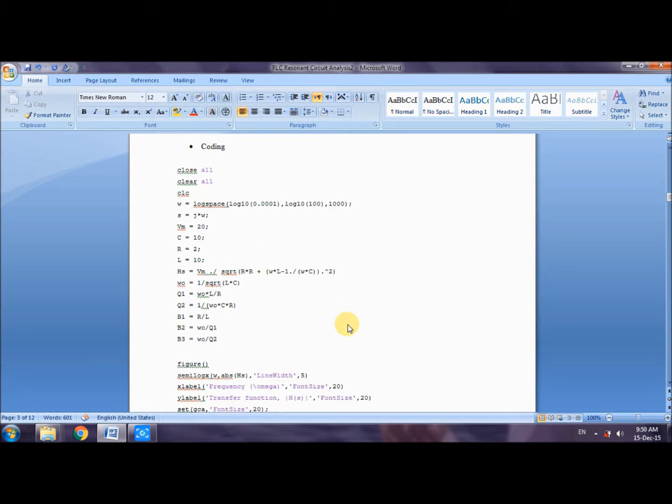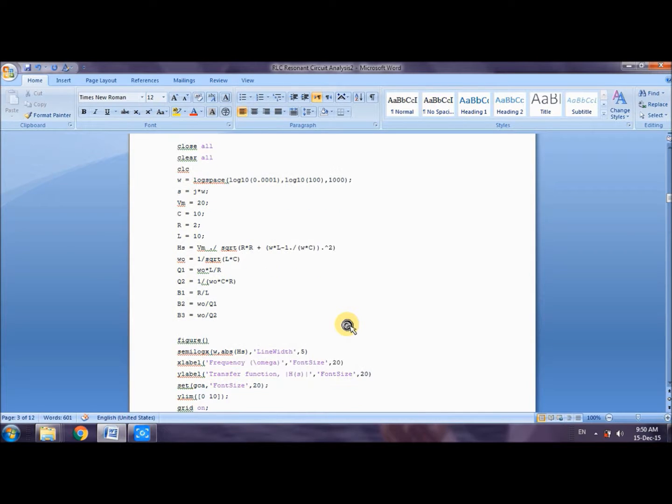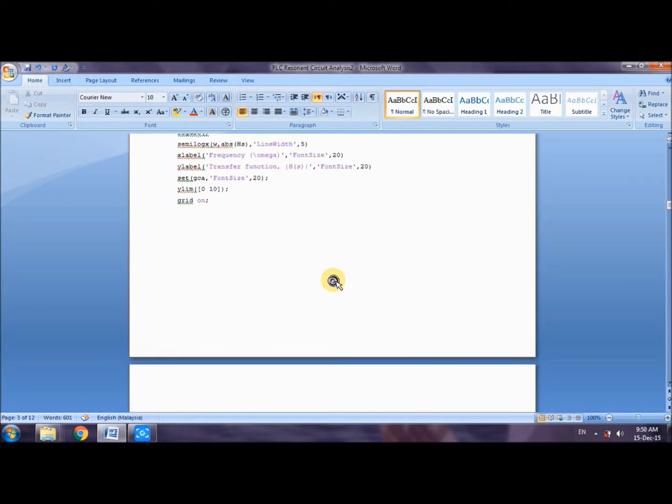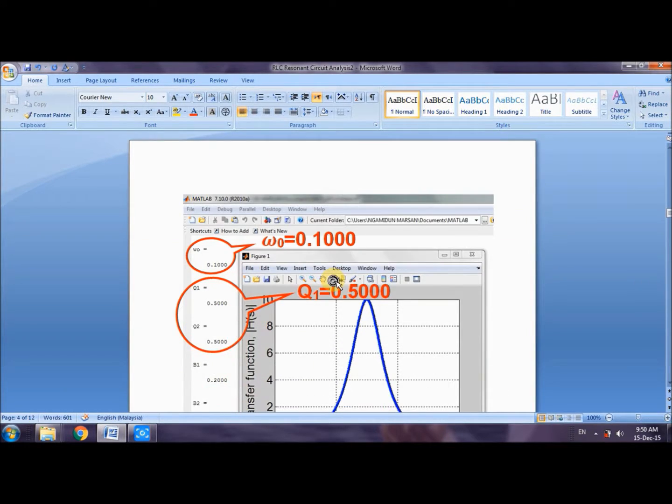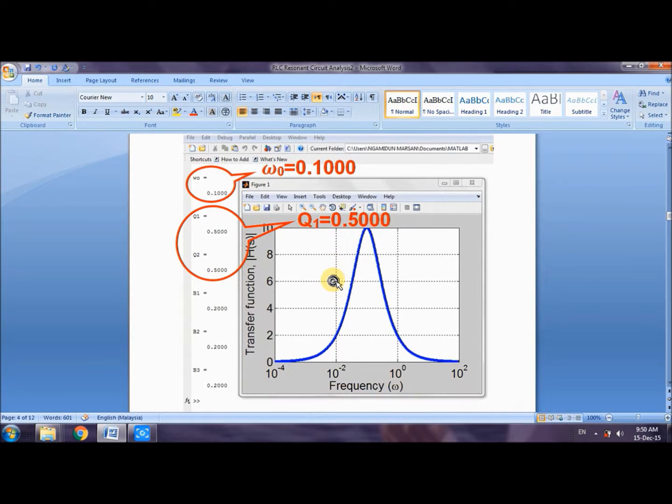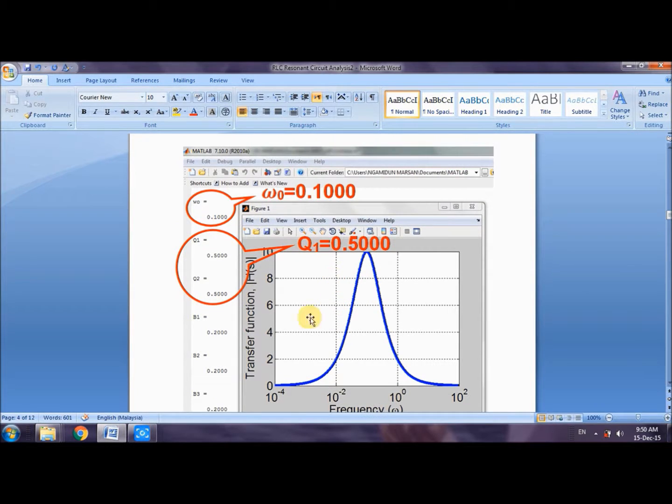This is the coding that we have conducted using MATLAB. As you can see here, we have already set the value of Vm to 20, the capacitor to 10, the resistor to 2 ohm, and the inductor to 10 Henry. After we run the code, this is the result that we obtained from MATLAB.